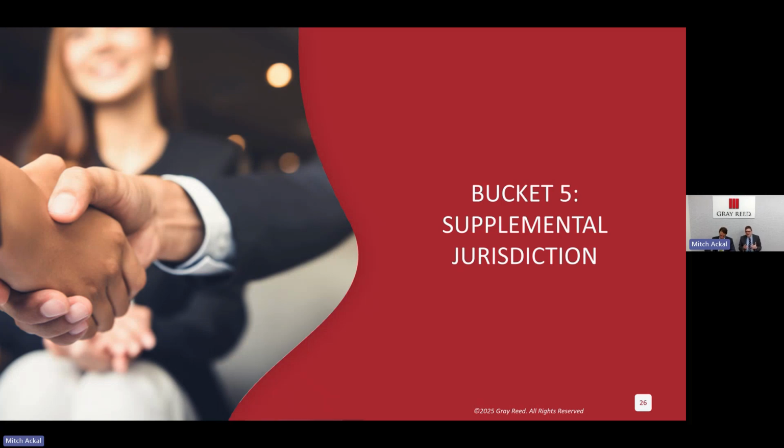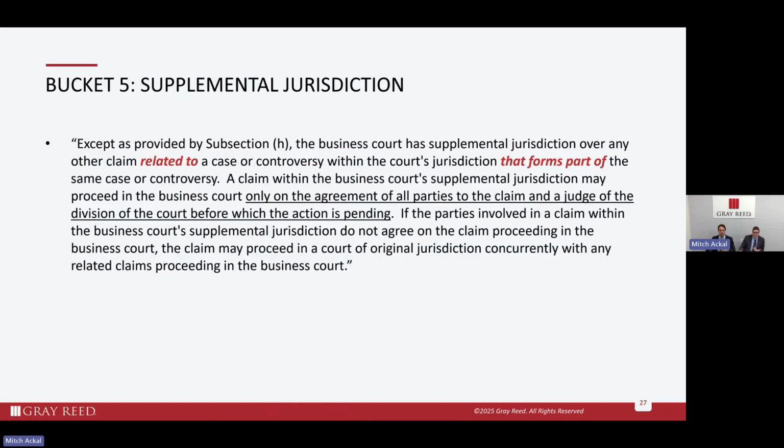We have the ability to make arguments that the new legislation and the new rules can be interpreted in new ways, and that these rules and statutes can be applied in ways that maybe you wouldn't expect, because there's not binding authority out there interpreting this stuff. That's what makes it so exciting. Mitch talked about at the beginning that this is exciting material for us, not just because we're huge nerds and we love this stuff, but because it hasn't been decided yet, and we get the opportunity to be the first ones to argue that kind of stuff.